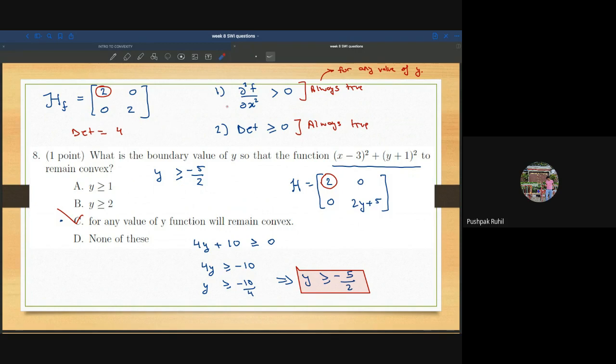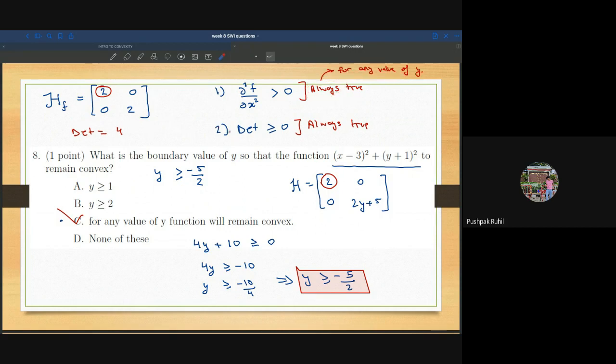Now the two conditions for convexity were that the upper left element, which is differentiating the function twice with respect to x, needs to be more than 0. Because this value is 2, it would be always true. By always, I mean for any value of y.